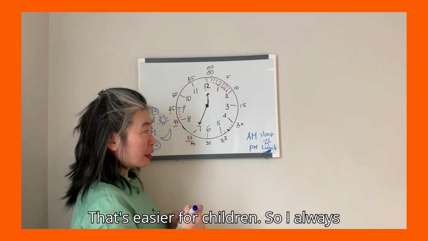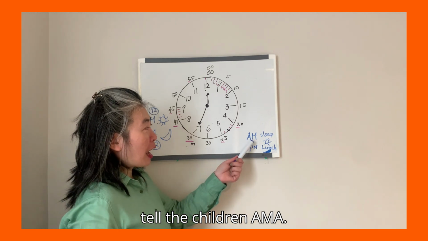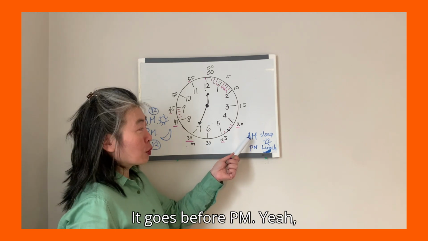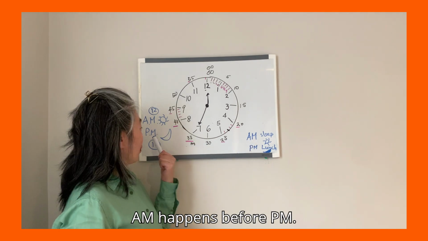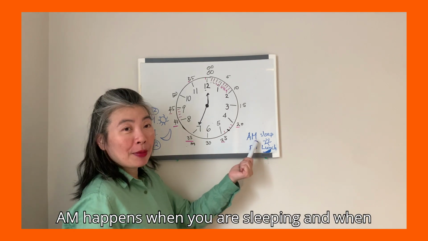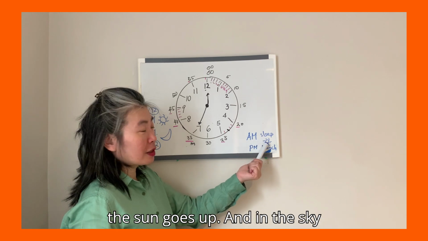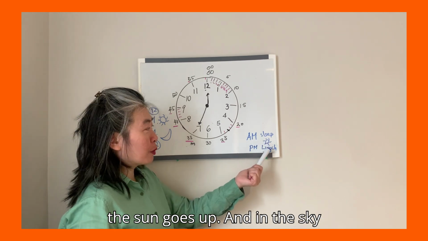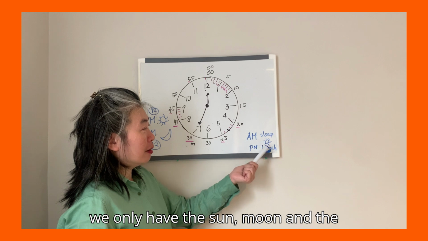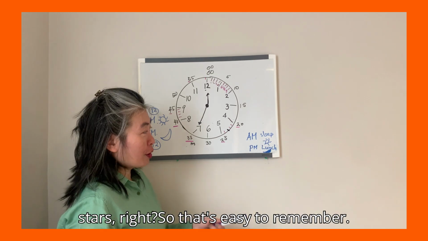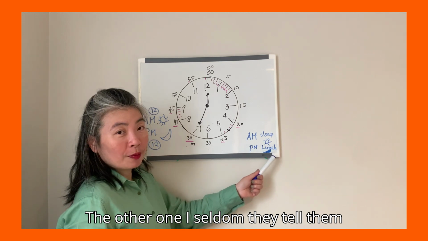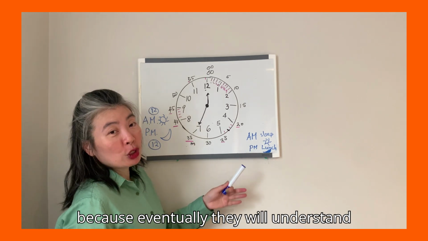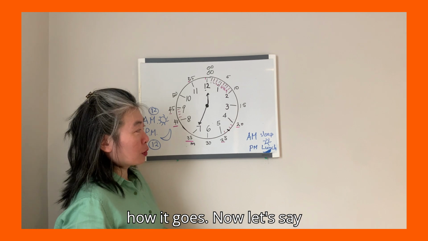So I always tell the children, A goes before PM. AM happens when you are sleeping and when the sun goes up. And in the sky, we only have the sun, moon, and the stars, right? So that's easy to remember. The other one, I seldom tell them because eventually they will understand how it goes.